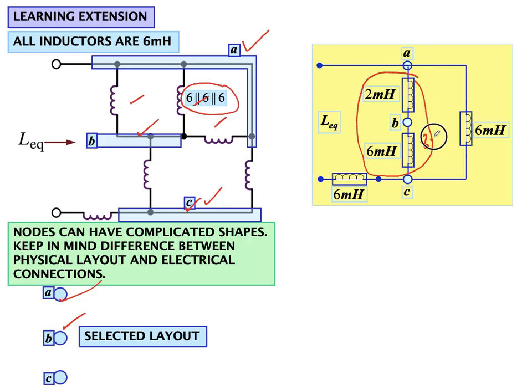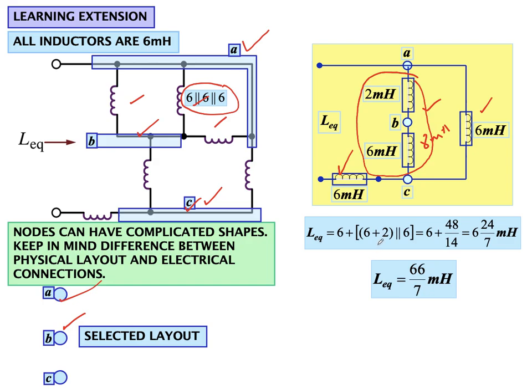It will be 8 millihenry, and this 8 and this 6 are connected in parallel, so use the parallel formula, and then 6 will be in series. So this is how the formula would be. So 6 plus 2 will be the sum of these two. It will be parallel with this 6, and then you add this 6 with it. You solve this, and you will end up with this answer, which is 66/7 millihenry.